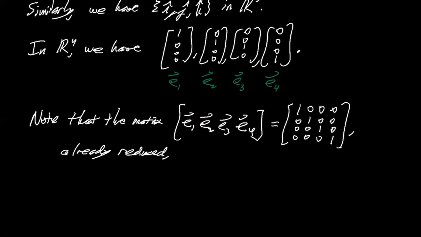It's the nicest, meaning no free variables. Nothing weird. There's a pivot in every column and every row. And so it has a name. This matrix is called the identity matrix.